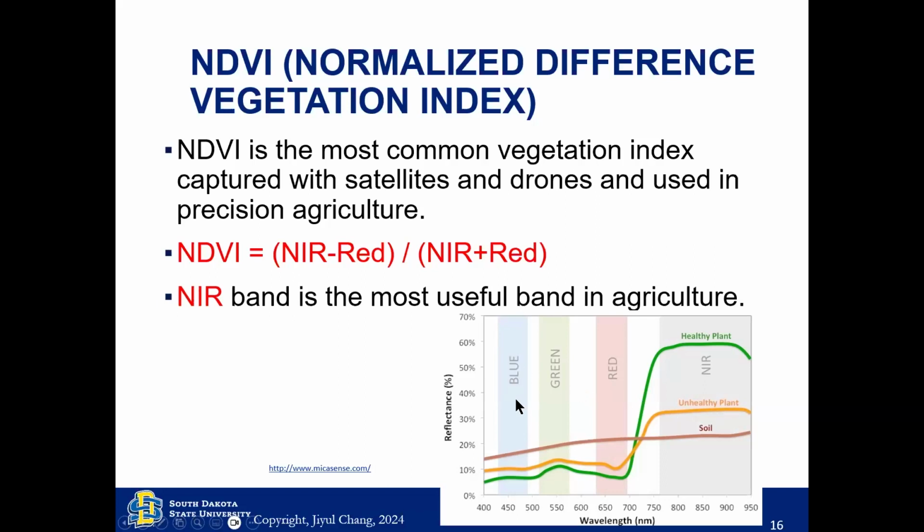This is the blue light range, green light range, and red light range, and this is near infrared. In the near infrared, the reflectance from healthy and unhealthy plants is significantly different. Because of this difference, NDVI identifies the healthy plant clearly. That's why NDVI is very, very useful in agriculture.